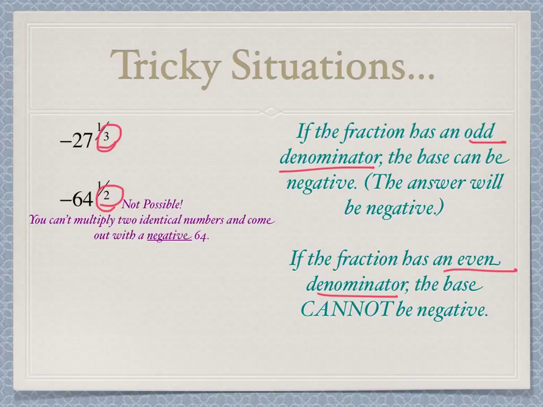So anytime you're splitting into an even number of pieces, you can't possibly make a negative number out of that. So this is a no solution. Whereas this one was just -3. So there's a big difference between this, and you really have to watch out for that. Okay, you can't ever take a negative number and work with a fraction that has an even number on the bottom.